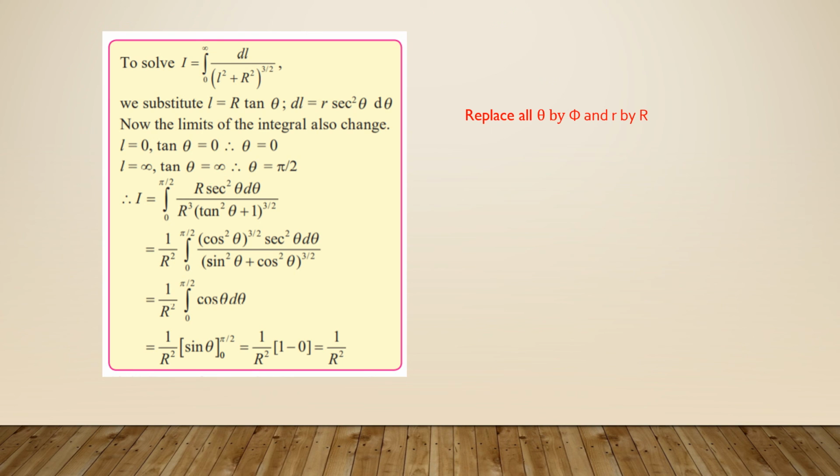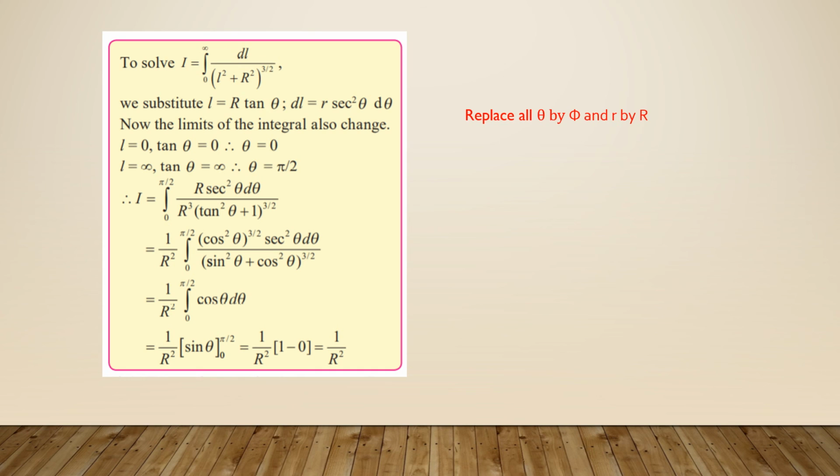How to solve integral dl upon L square plus R square raised to 3 by 2 within the limits 0 to infinity. Refer to the previous figure. Let us substitute L is equal to R tan phi. Therefore, dl is equal to R sec square phi d phi. There are two printing mistakes here.